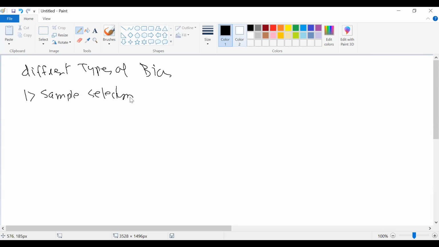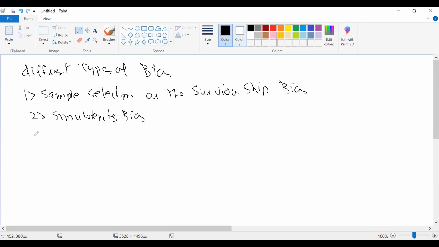selection, or the survivorship bias. Simultaneity bias. Simultaneity, इसकी स्पेलिंग सही लगी है, simultaneity bias.